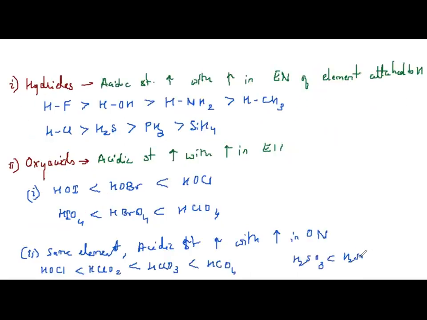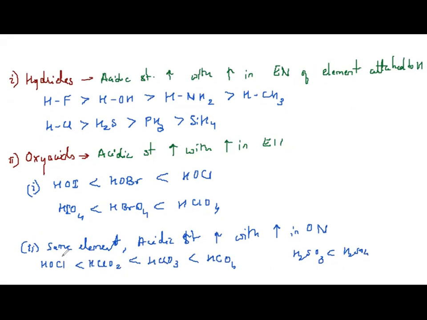The reason I'm saying this is, if you look at the oxidation states of chlorine, here it is +1, here it is +3, I'm sorry, here it is +5, here it is +7. Understood? So as the oxidation number increases, the acidic strength increases in the case of oxyacids.